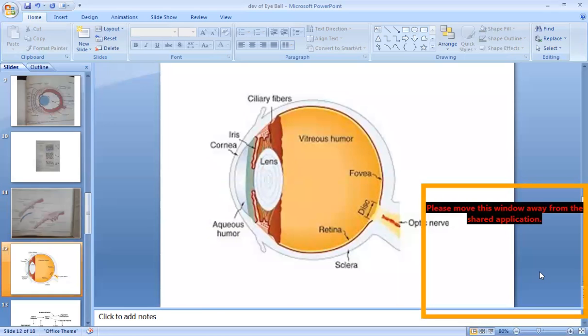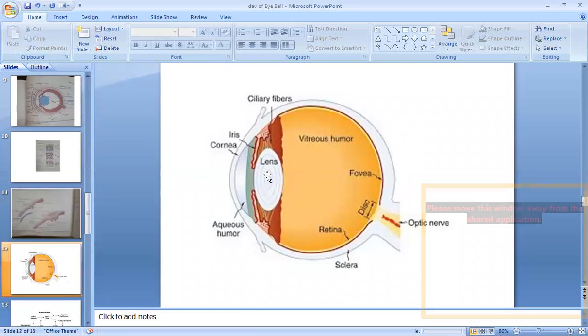You can see the whole normal structure of the eye in this. This is the retina, this is the optic nerve. This is the lens, which is ectodermal in origin, it comes from the surface ectoderm.